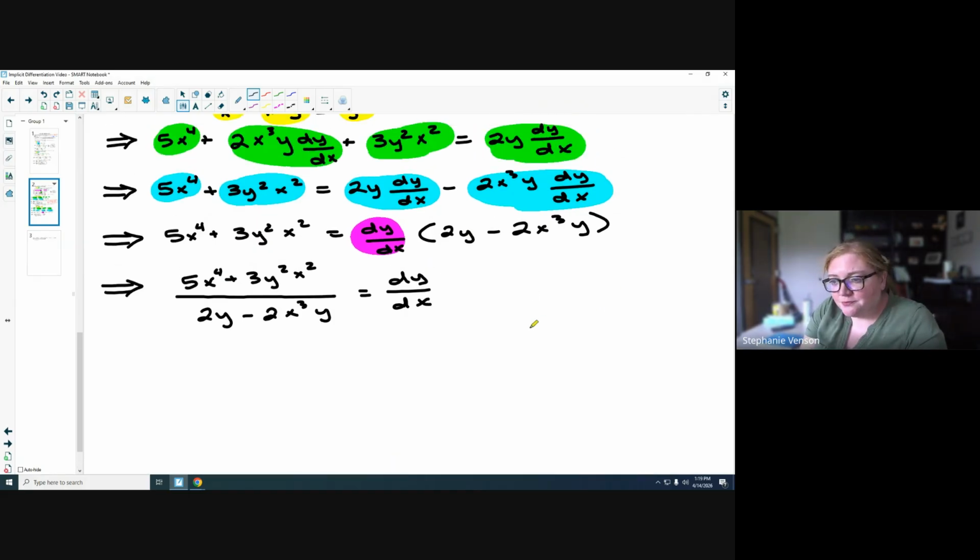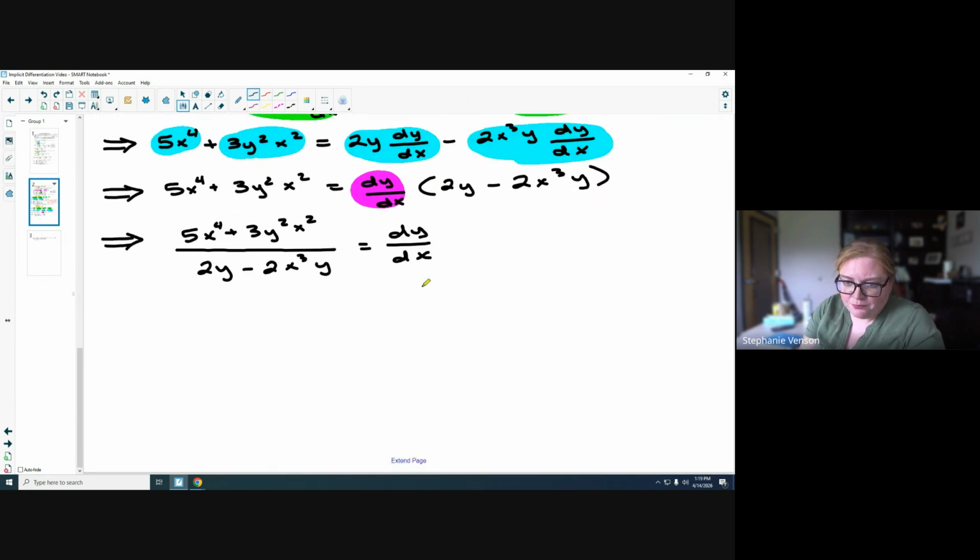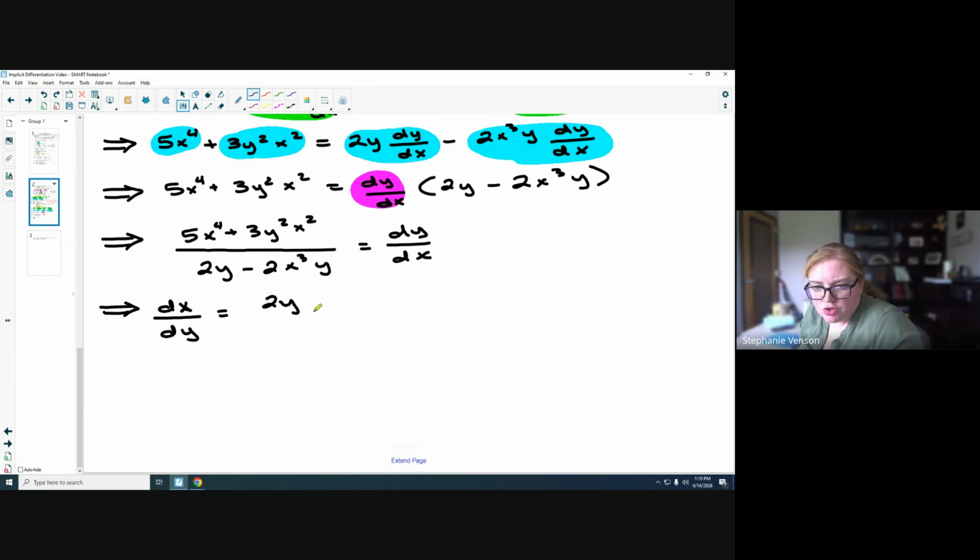But remember, I was asked for dx dy, so I need to flip it. Okay, so this tells me that dx dy is equal to 2y minus 2x cubed y over 5x to the 4th plus 3y squared x squared. And there you have it.